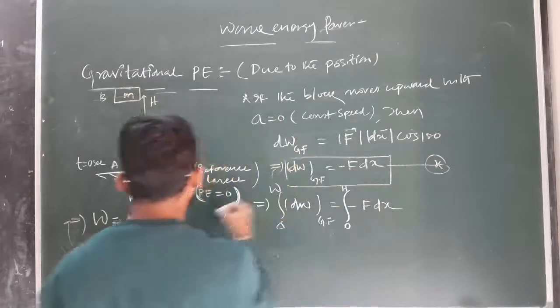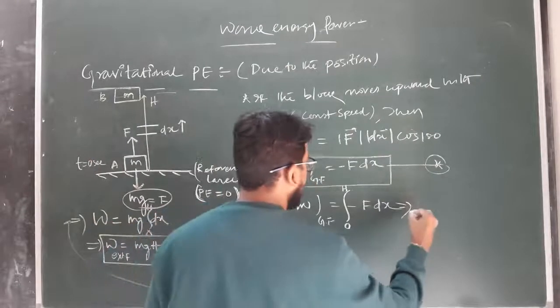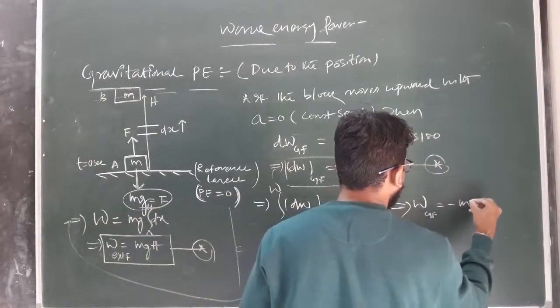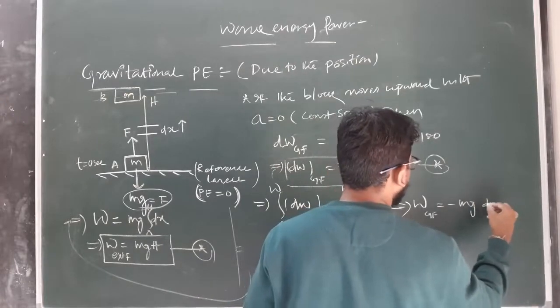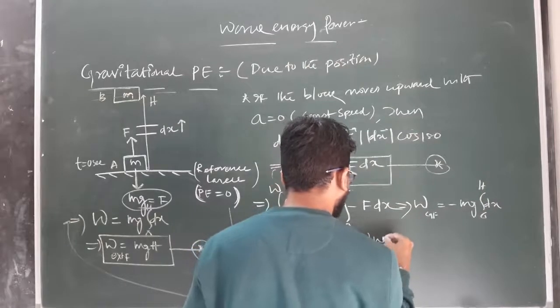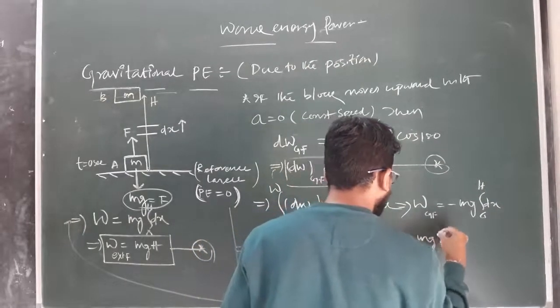Here F is how much? The weight of the block, that is mg. So here we can write the total work done due to gravitational force equal to minus mg integration of dx, limit varies from 0 to h. So you will get the work done due to gravitational force is equal to minus mgh.